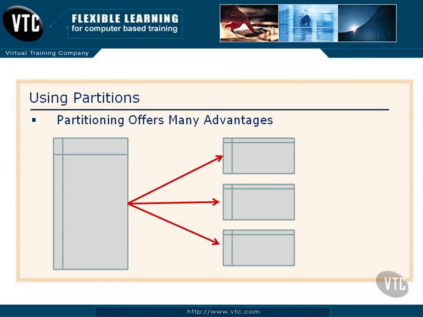Now I can put these in separate file groups and separate locations on separate physical disks, and I can back this section up, or this one, or this one. I can remove the rows in this partition. I can do all kinds of things. Now it's like I'm working with three smaller files as opposed to one large one, and it can make a huge difference in the time, the power, the processing, and the server load to take care of all these things.